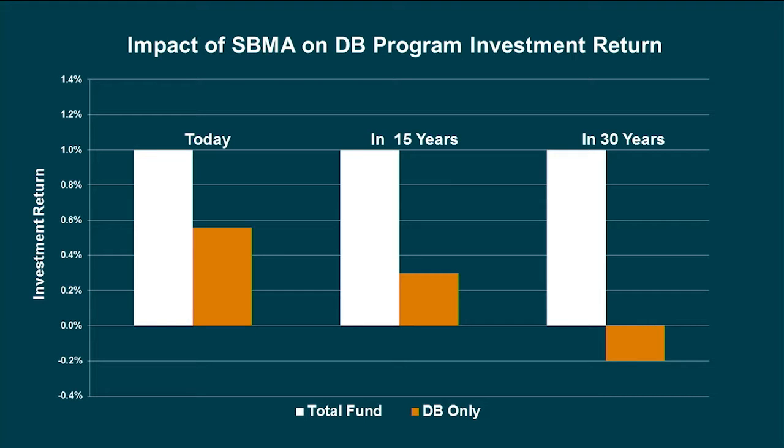And the reason, again, that it becomes more of an issue going forward, something we're going to keep an eye on, is especially in cases where we don't meet the expectations, with the limited ability of the board to set the contribution rate. The interaction between SBME and the DB program will add an additional layer of volatility on top of the ratios that we just talked about a few minutes ago.